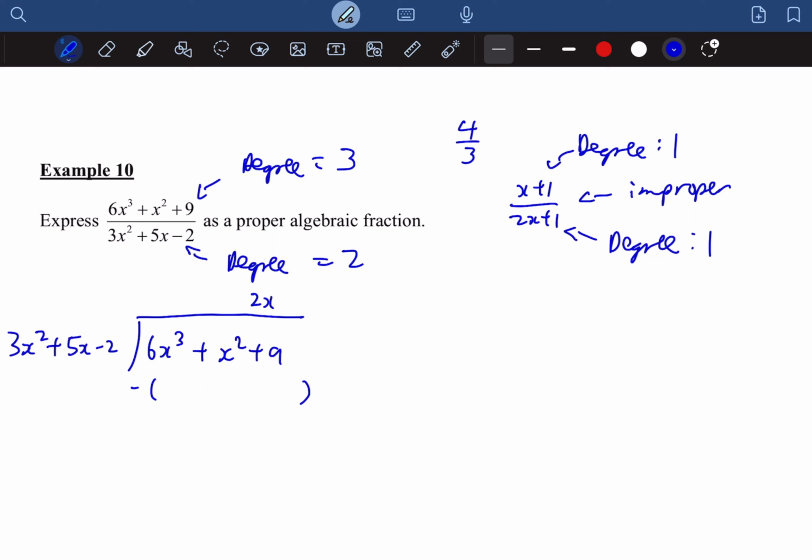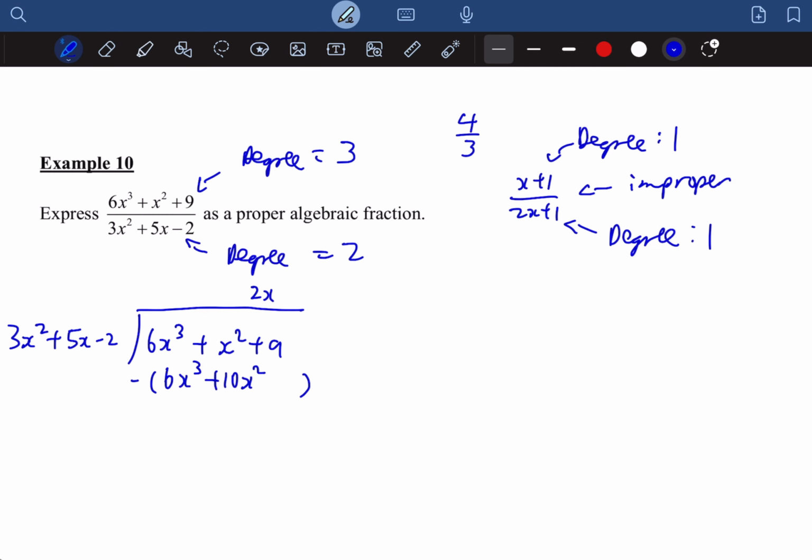So 2x times 3x squared, I have 6x cubed. 2x times 5x, I have positive 10x squared. Then 2x times negative 2, I have negative 4x. With this, I do the subtraction. 6x cubed minus 6x cubed gone. x squared minus 10x squared, I have negative 9x squared. Then minus 4x plus 9.